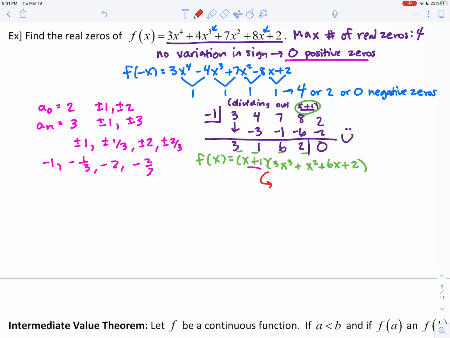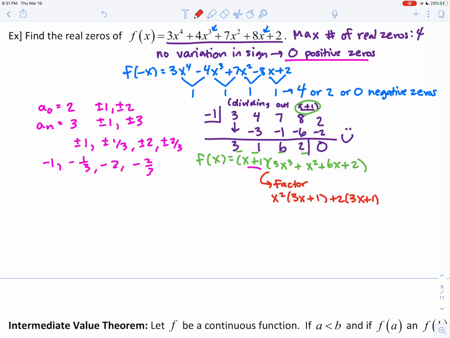So we're going to try to factor this by grouping, of course, because it's 4 terms. So for the first group, I'll factor out x squared. I'll be left with 3x plus 1. For the second group, I'll factor out a 2. I'll be left with 3x plus 1. Okay, great. So I'm seeing a common binomial. That's exactly what I wanted to see.